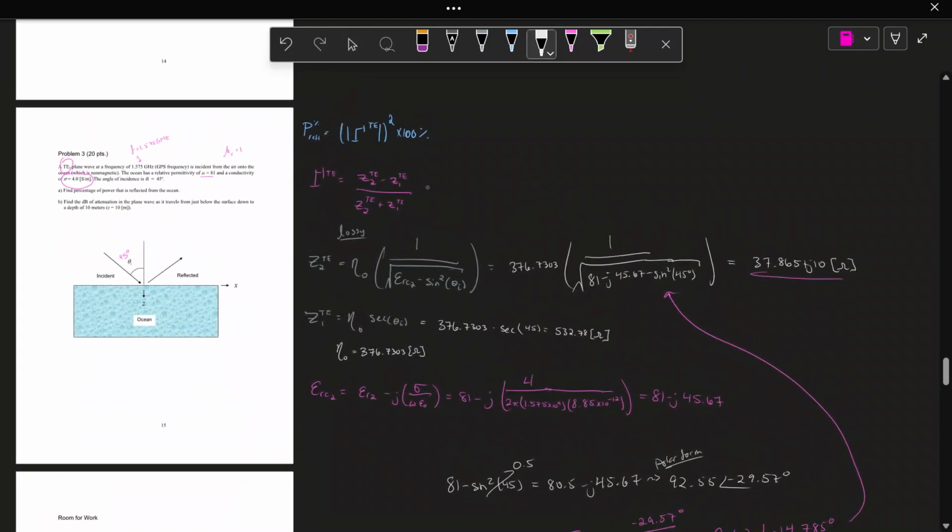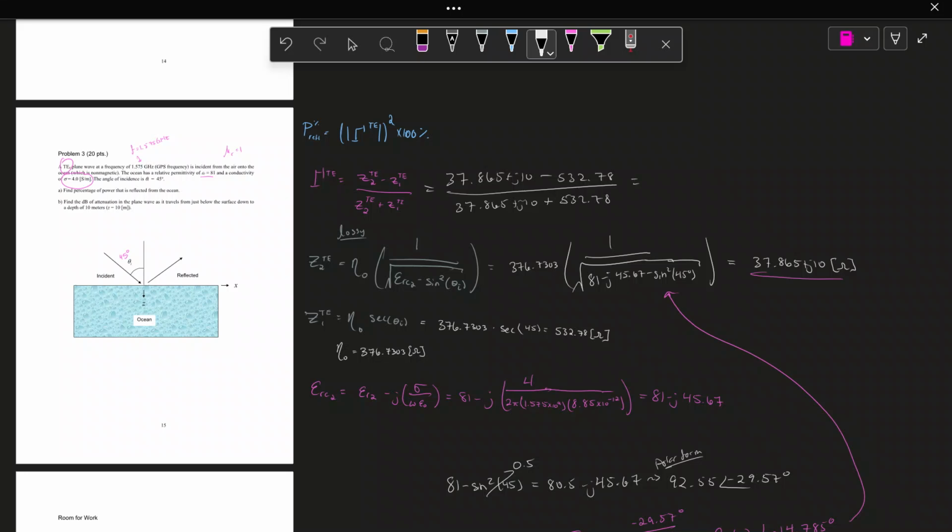We have our values. We can then plug it into our equation. So 37.865 plus J10 minus 532.78, divided by, same thing, 37.865 plus J10, your Z2TE, but now we do a plus 532.78.